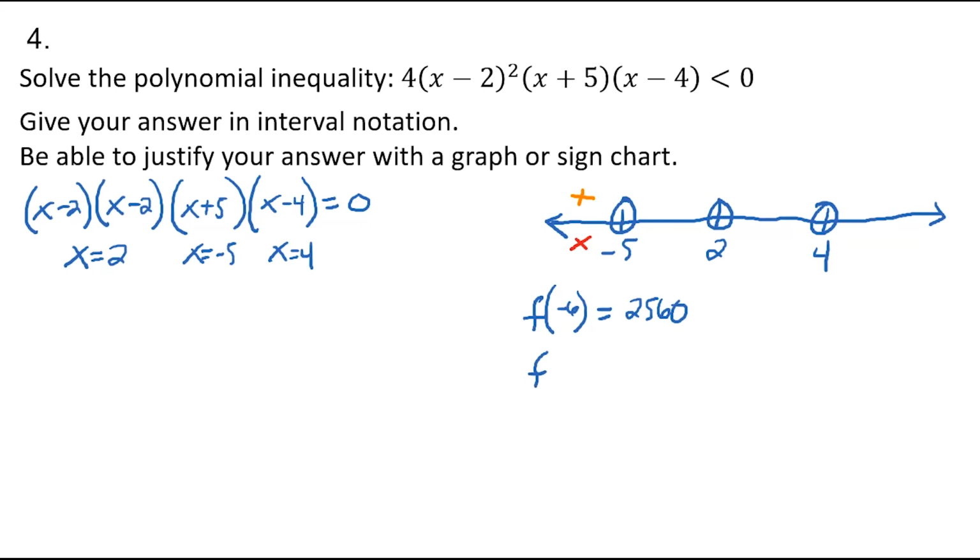Okay, let's go to the next one. From this interval I can pick a 0, and the result is negative 320. So I get a negative value, and that's what we want. From the next interval I'll choose a 3, and I end up with a negative 32.